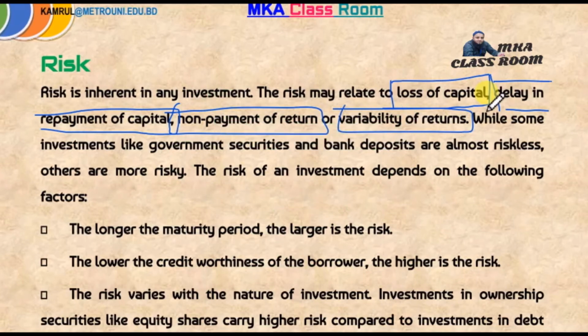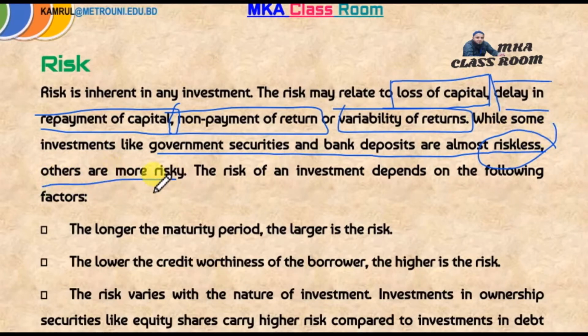Well, some investments like government securities and bank deposits are almost riskless. Others are more risky. So government securities and bank deposits are riskless. Here there are no risks, but other investments are risky.